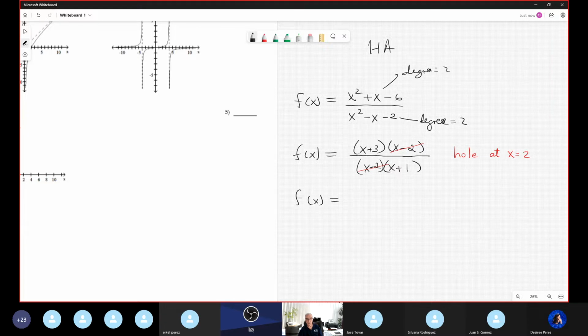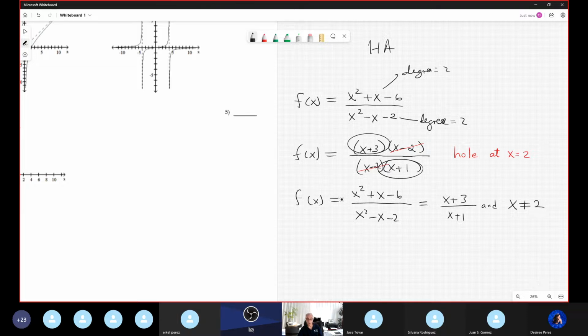Okay, but now the original function is this. I want to copy again. Look, it's x squared plus x minus 6 over x squared minus x minus 2, which is equal to x plus 3 divided by x plus 1, after the cancellation of x minus 2. And one detail: this expression is easier. We can use it always, except at 2, because at 2 it is undefined.